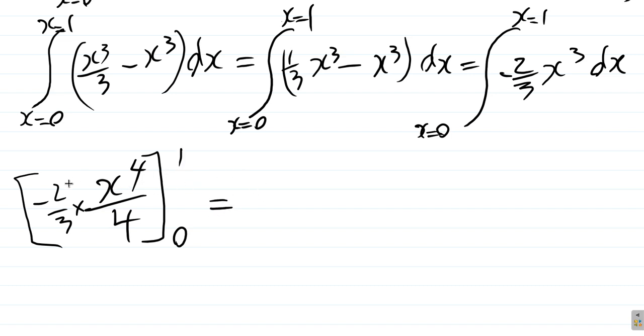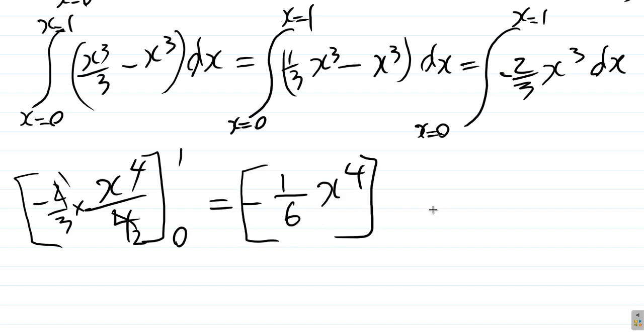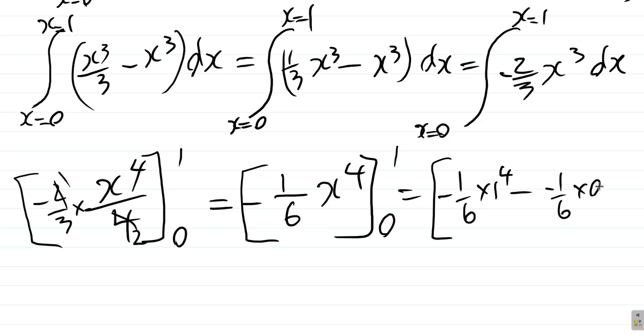So this is going to be negative 1/6 times x to the 4th from 0 to 1. When you substitute, you have negative 1/6 times 1 to the 4th minus negative 1/6 times 0 to the 4th.